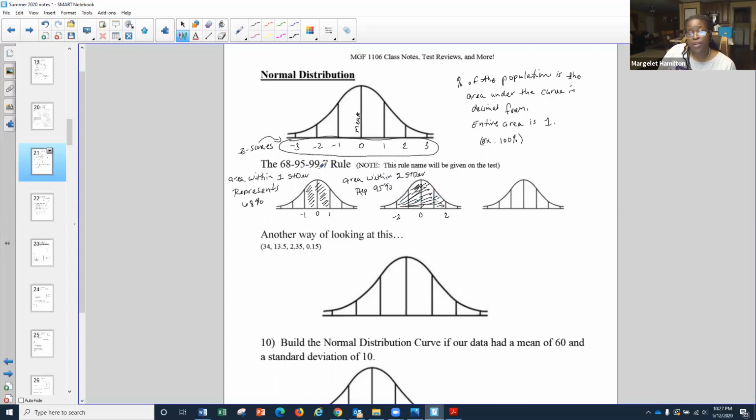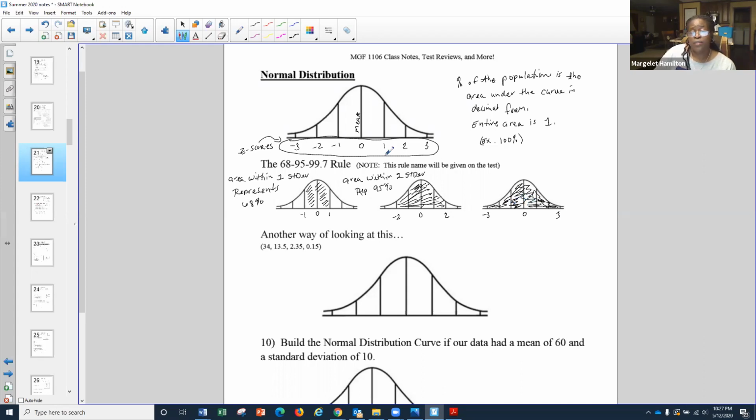Then our last part here, 99.7% of our population will fall within 3 standard deviations. If we were looking under our curve, remember this represents 100%, but if we were looking at the area that represents 3 standard deviations, remember our mean again is in the middle. We're talking about all of this area now, all these people here. Make sense? Looks like that's almost 100%.